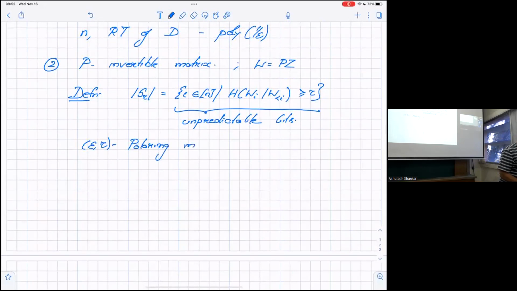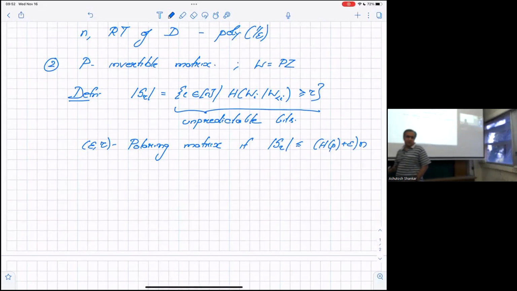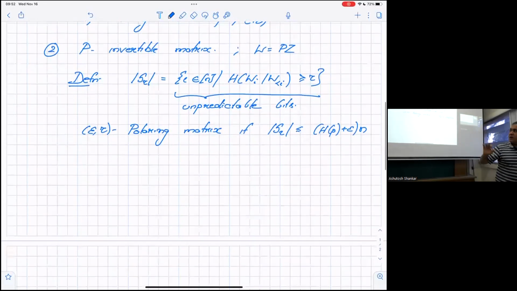How did I define this last time? Basically, if the size of S tau is what we want, I think this is exactly H(p)n plus epsilon n. A matrix is polarizing if it has this property.